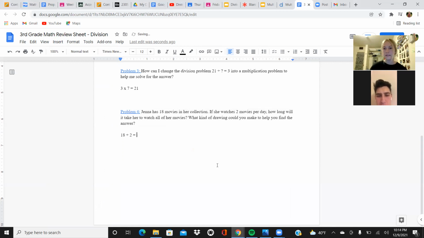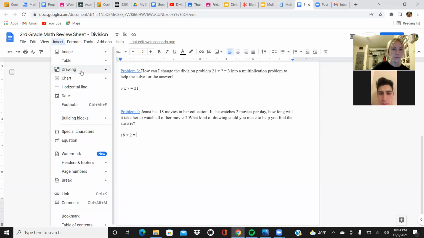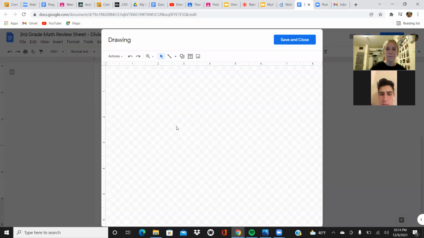So let's say that we don't remember our math facts for this one. So let's make a drawing to kind of help us to show that equation. Okay, here we go. So I'm just going to put little squares to represent our movies.